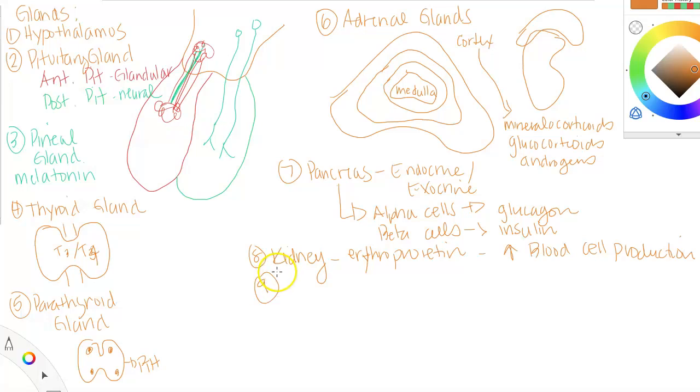The next one is the ovaries and testes, and these are for reproduction, obviously, but the ovaries secrete estrogen and progesterone, and the testes secrete testosterone.